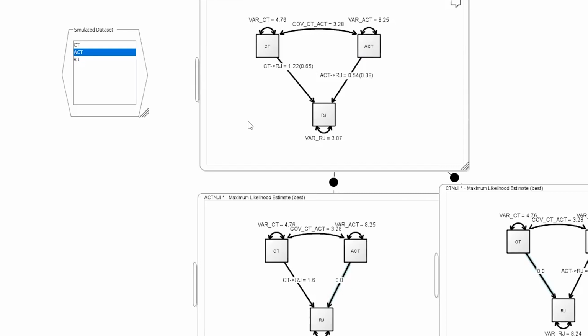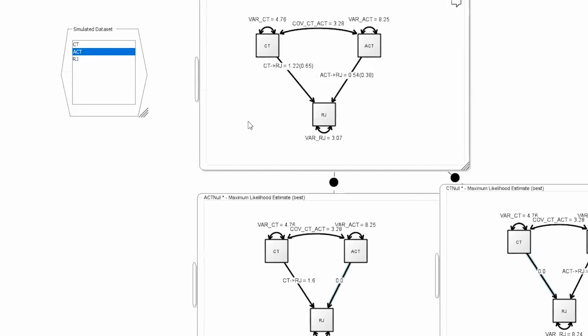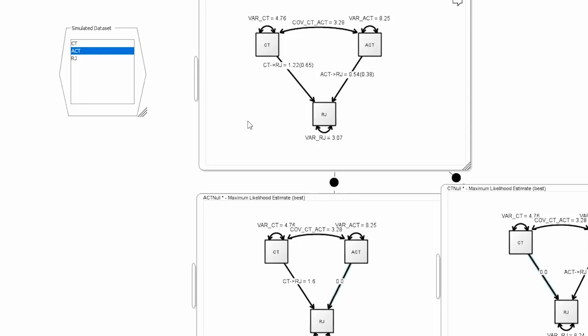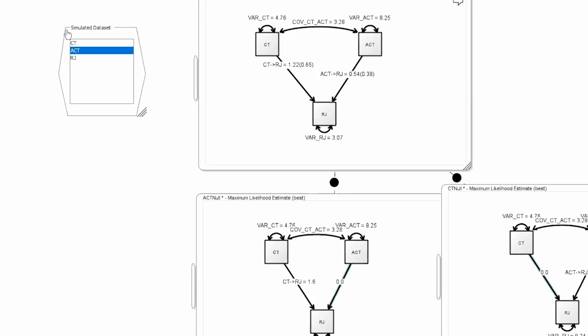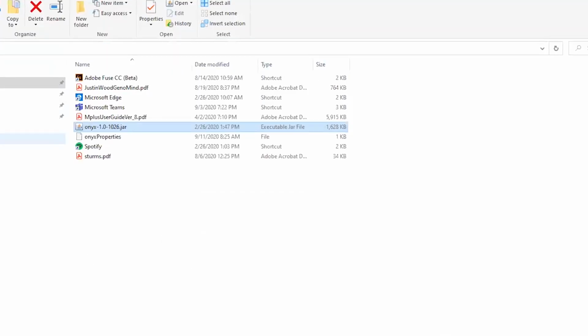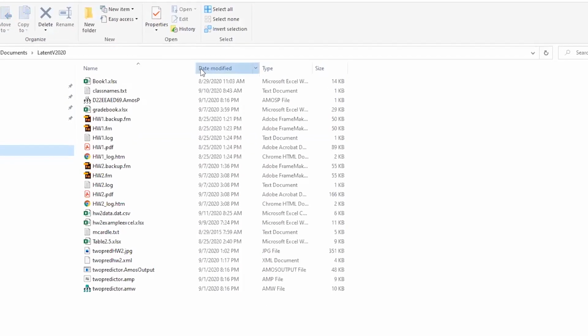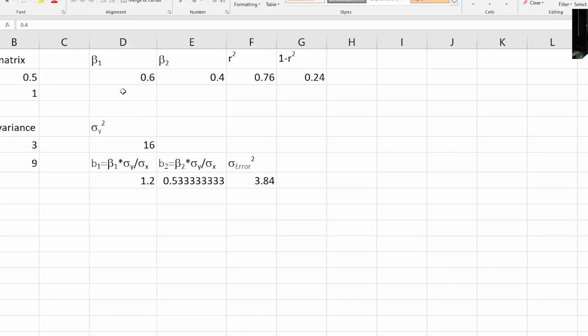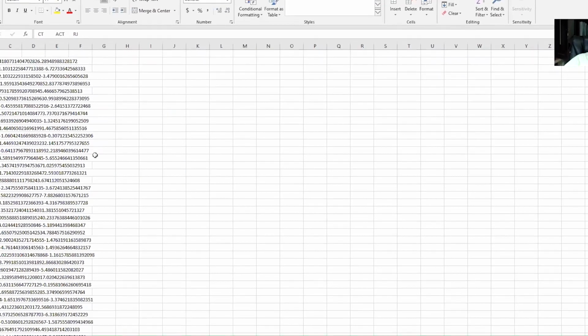Another question, Professor. So what you show us is the summary or the descriptive statistics, but can Onyx produce the data set as well that we can see? Yes. This is what I did when I saved this, I made a data set and saved it. Let's go into here, here's the data set that was created. It should be coming up. There it is.